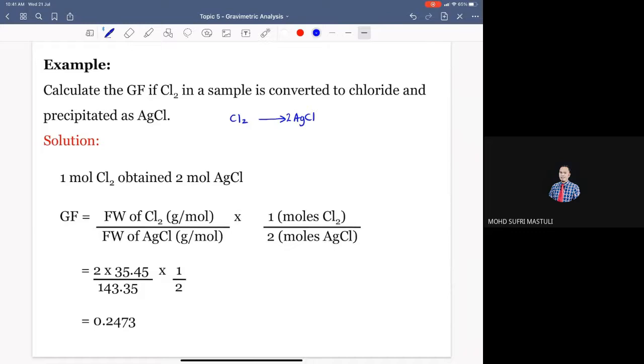In order to make it balanced, we put 2 in front. So we can see 2 mole of Cl2 relates to 2 mole, sorry, this is 1, it's not 2. 1 mole of Cl2 is 2 mole of silver chloride.